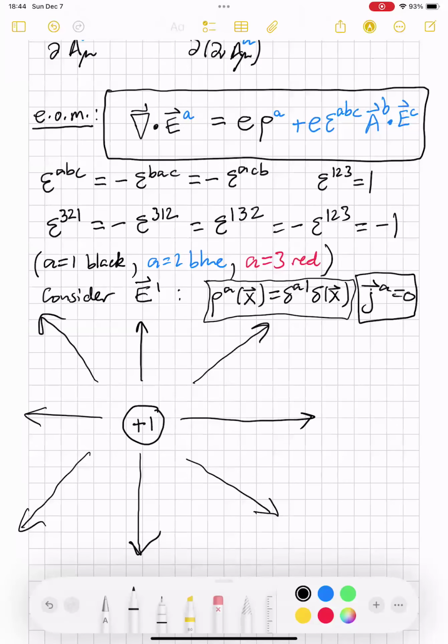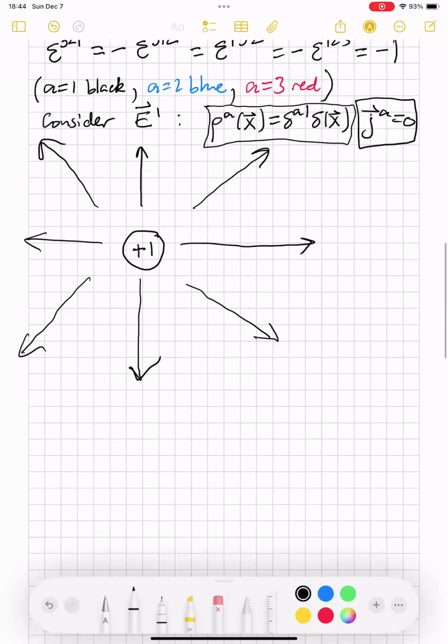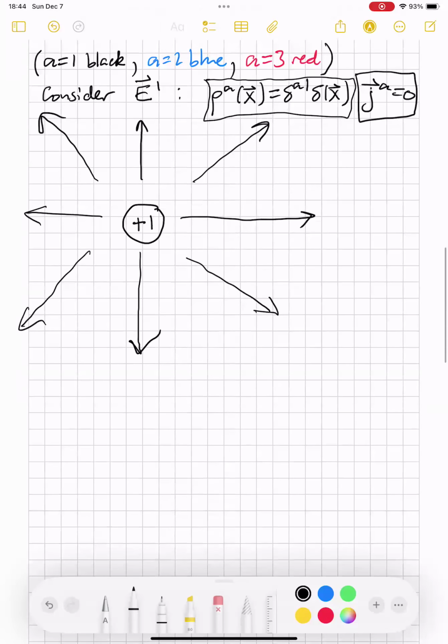The way that I'll do that is I'll imagine that there is a fluctuation of the gauge field. I'm going to call that delta A for the fluctuation. The delta is meant to just remind you that it's a fluctuation. And I will let the 2 component of the fluctuation vanish.